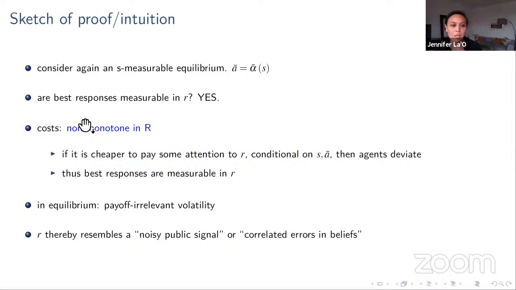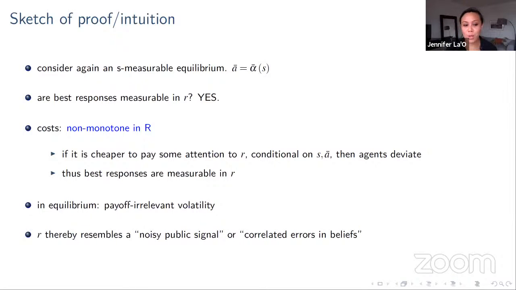But if costs are now non-monotonic in R, it's cheaper to pay attention to R conditional on S and A bar. So if agents want to learn about S or A bar, they also would like to learn a little bit about R because it lowers their information costs.